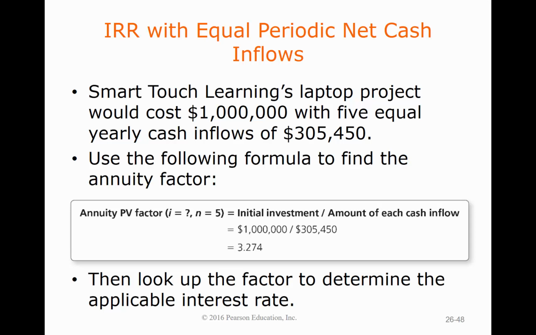Then we can go back to our annuity table and say, okay, N equals 5. What interest rate is going to give me 3.274? That's how we find the internal rate of return if we're using a table. If we're using Excel, it's going to give us a more exact number because we're not dependent on tables.